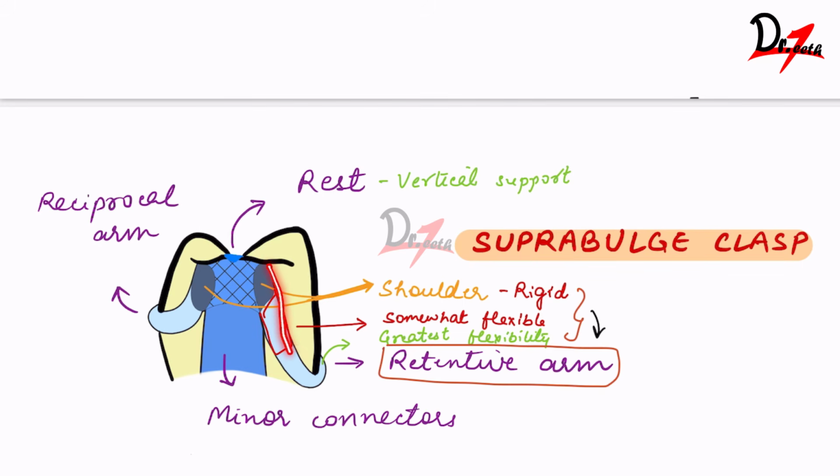And while our retentive arm is passing through the greatest height of contour all throughout, this reciprocal arm should contact the abutment. That is how it will prevent the lateral stresses. So always make sure that the retentive arm should never contact the tooth before the reciprocal arm. Why? Because if this happens, there will be non-axial forces on this abutment tooth, and that will be damaging.